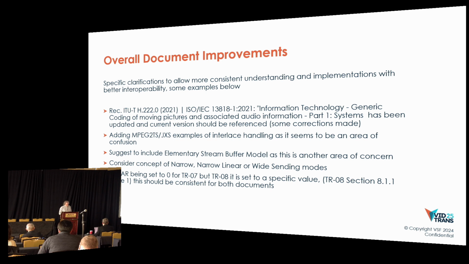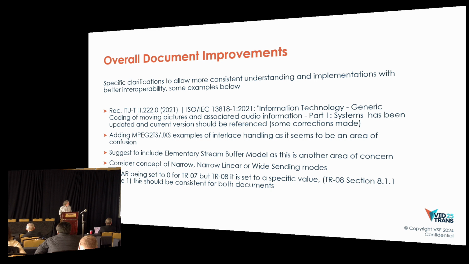This was a couple years ago when we finished TR07. We had found one or two errors in H222, and the ITU group agreed to make those corrections, and they have actually been made since then. But there is a little bit of confusion there.